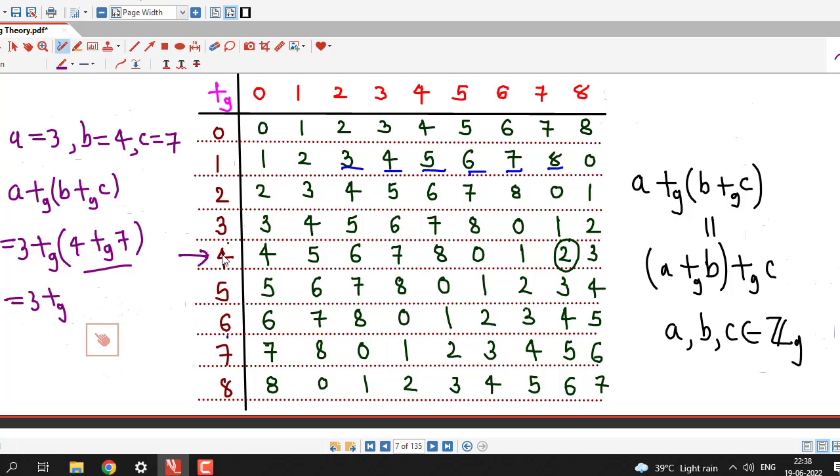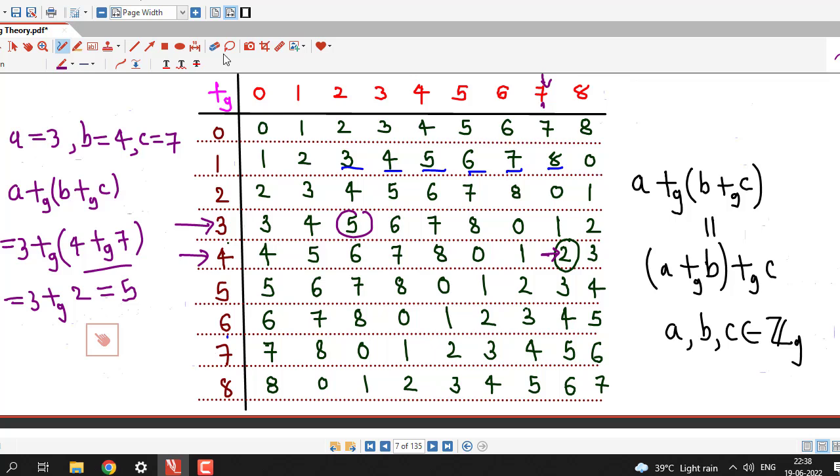First we find 4 plus 7. We look at 4 and 7 in the table: this column corresponds to 7, this row corresponds to 4, and the intersection point gives 2. So 4 plus 7 is 2. Then we find 3 plus 2, and we obtain 3 plus 2 equal to 5.